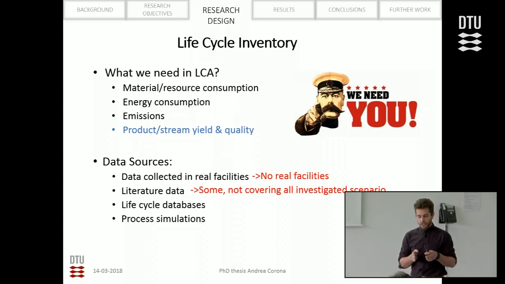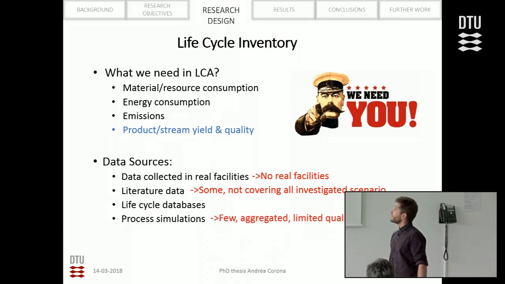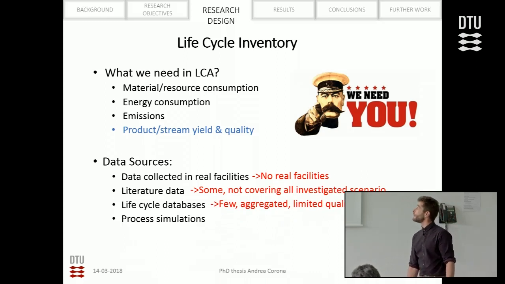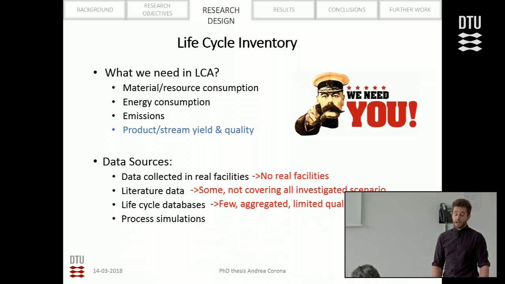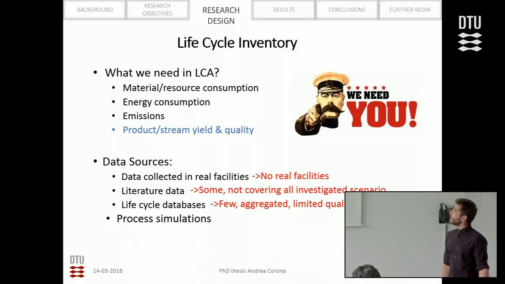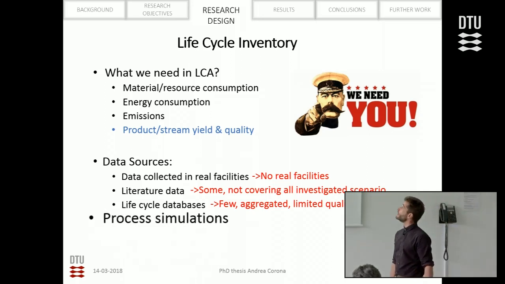They don't look in very much detail at the conversion pathway itself. The life cycle databases are a third option, but they provide few data, even less than what is published in the literature, and sometimes they are very highly aggregated, so it's very hard to modify them. So we can rely only on the last point, which is process simulation.